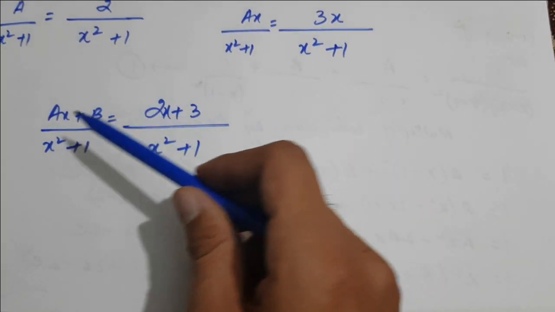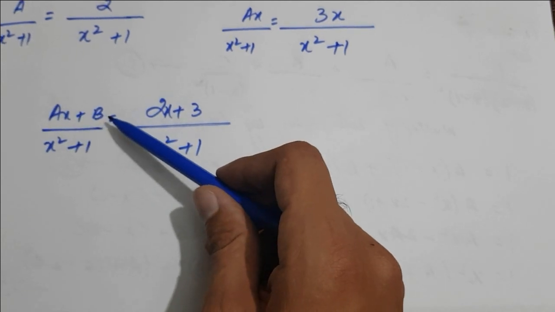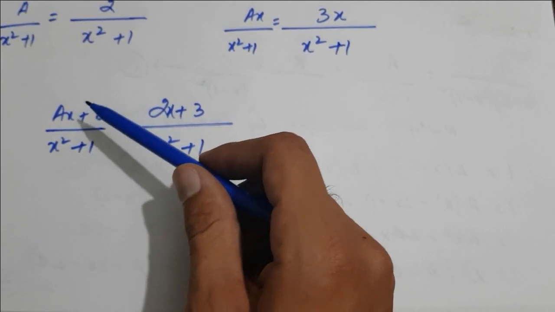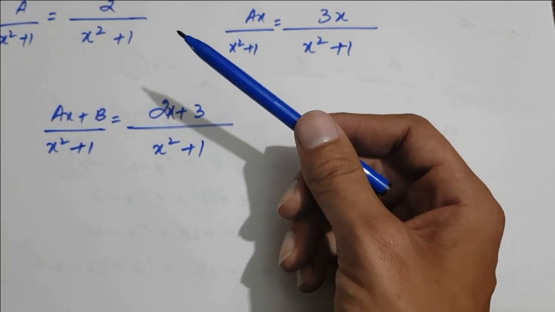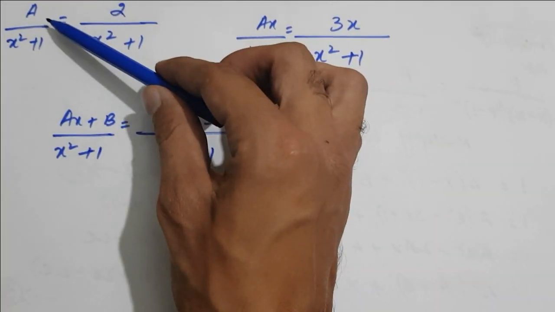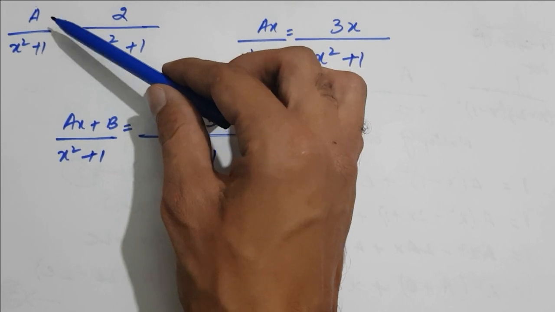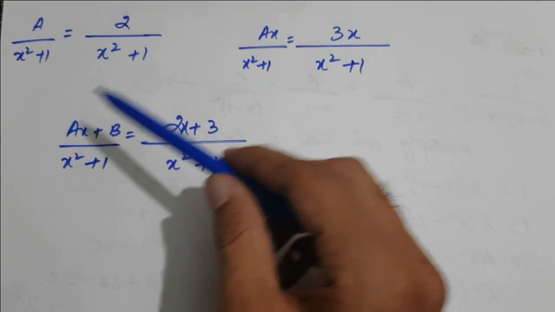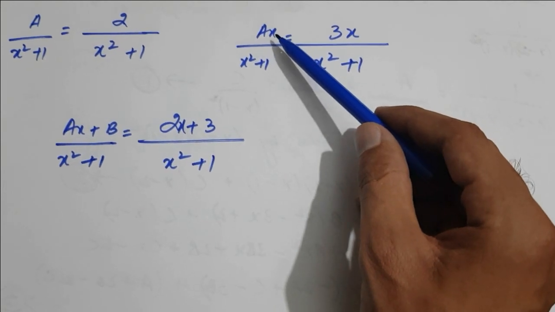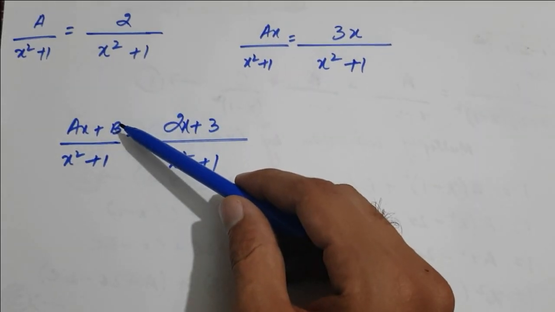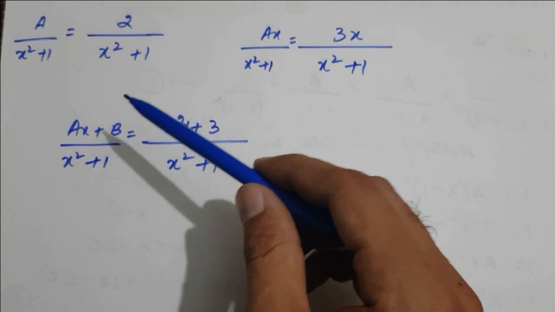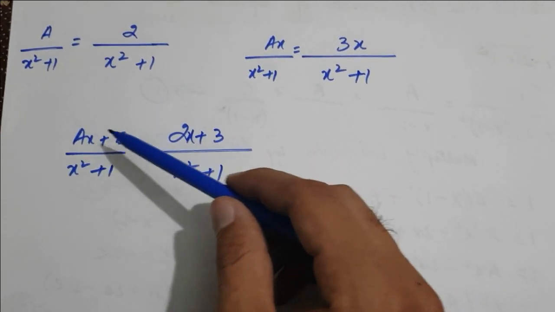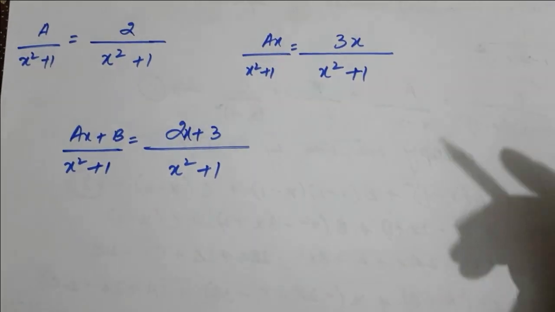So we have to write Ax plus B. In this way, if the actual partial fraction consists of just a constant term, the coefficient of the variable would become 0. If it consists of just the variable term, the constant would become 0. And if it consists of both the constant and the variable term, both of them would be non-zero.